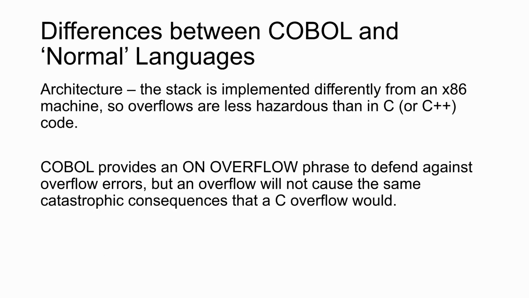The whole stacks are implemented completely differently from the virtual address space that you'd be used to seeing. So variables are held in a separate area from the address pointers and that kind of thing. And there are also safeguards within most of these systems against the overwrites.